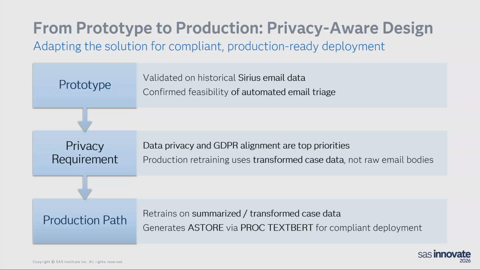And we have an even higher standard for data privacy and GDPR alignment from our legal requirements. So when we retrain, we actually use summarized data, which makes sure that we don't have any PII used for training.